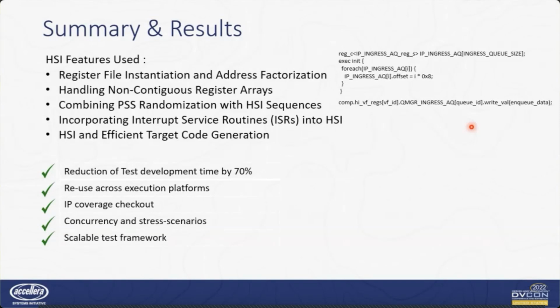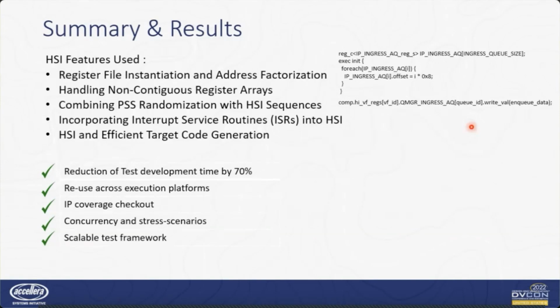Another point which we really liked is HSI and efficient target code generation. So with HSI, you have if conditions, and you can generate a lot of conditional code. Let's say there is a feature X in the IP, and if X is enabled, you have to write some 5 registers, and if that feature is not enabled, then those registers need not be programmed.